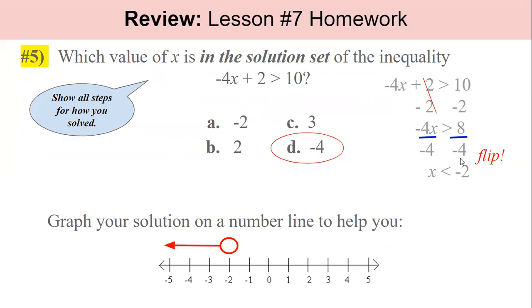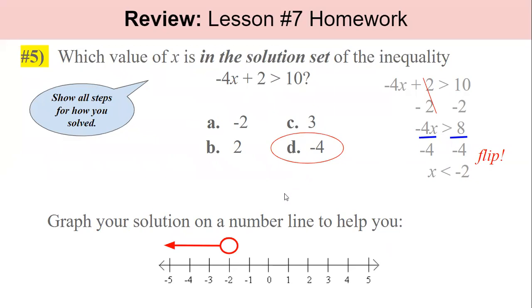And again, because you divided by a negative, you have to flip that inequality symbol. So what ends up resulting is x is less than negative 2. So some of you picked A, like we anticipated, but if x is less than negative 2, that means it cannot be negative 2. 2 and 3 are greater than negative 2, so it has to be negative 4.